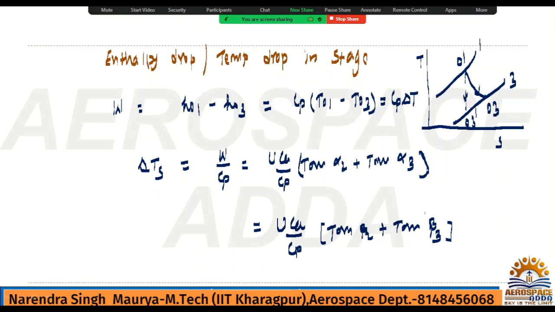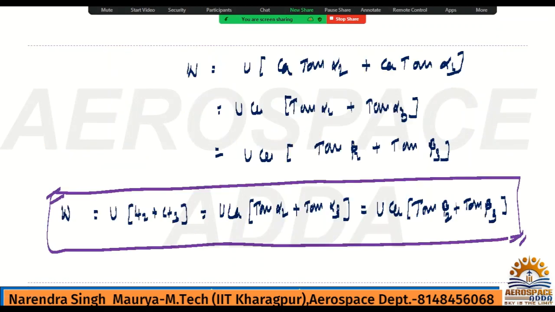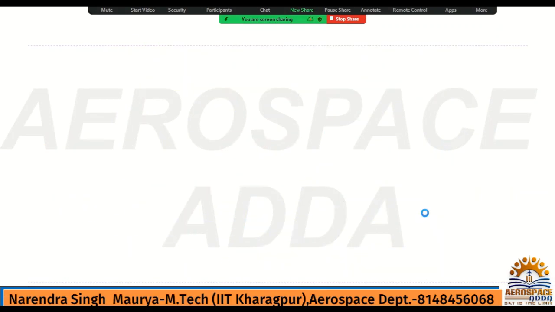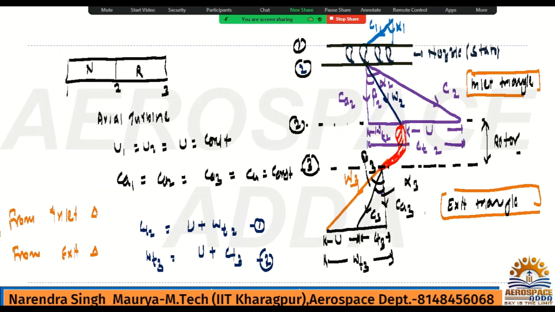If you go for the enthalpy point of view, here I must say in the stage, because work is done only by the rotor, so this is the nozzle, or the stator. So for the stator, the enthalpy will be H01 is equal to H02. Total enthalpy must be constant, yes or no?